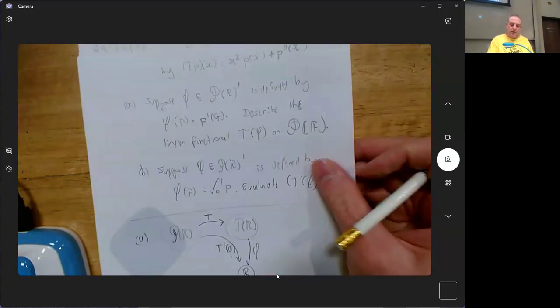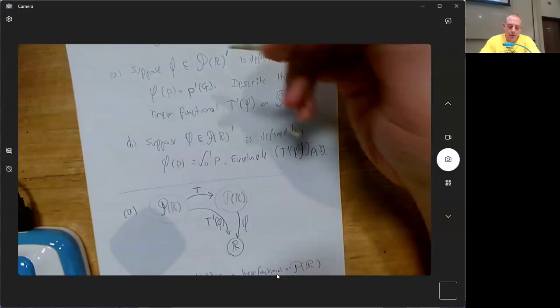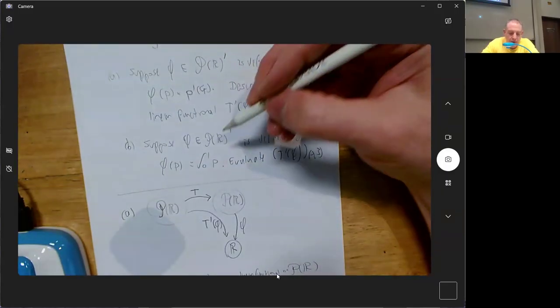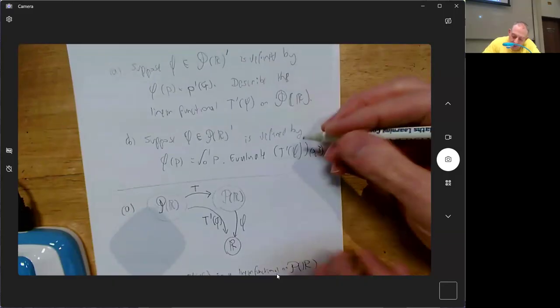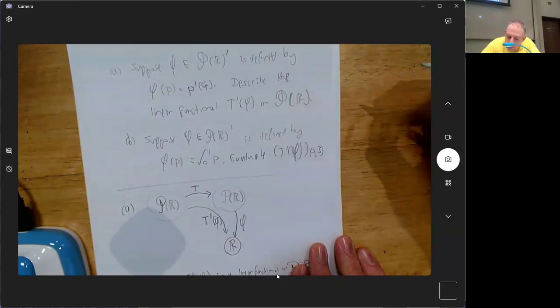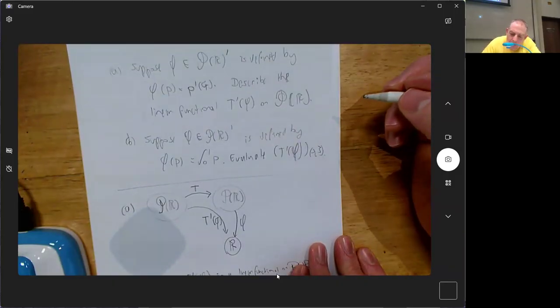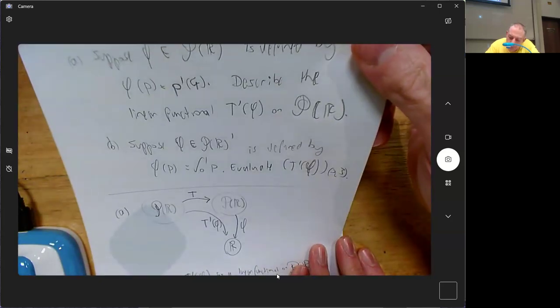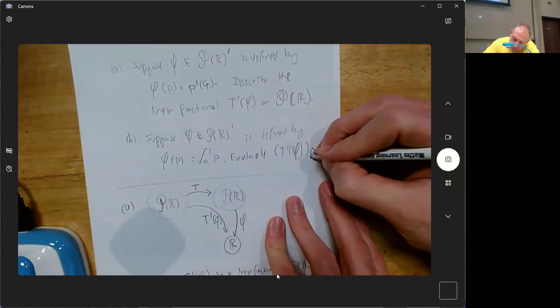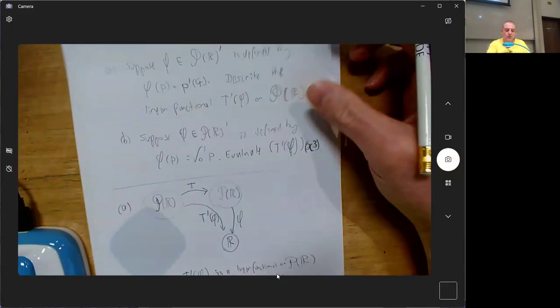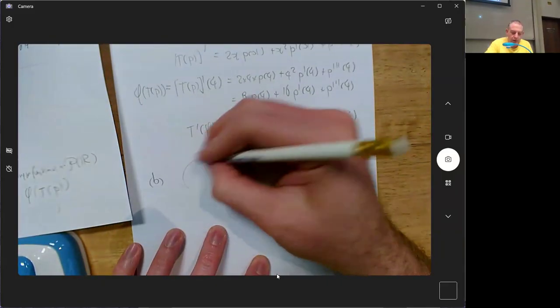And part B is, suppose phi is in this dual and is defined by phi of P is the integral from 0 to 1 of P. Evaluate T dashed of phi of, damn it, of x cubed. Okay. So just going to draw my picture again.